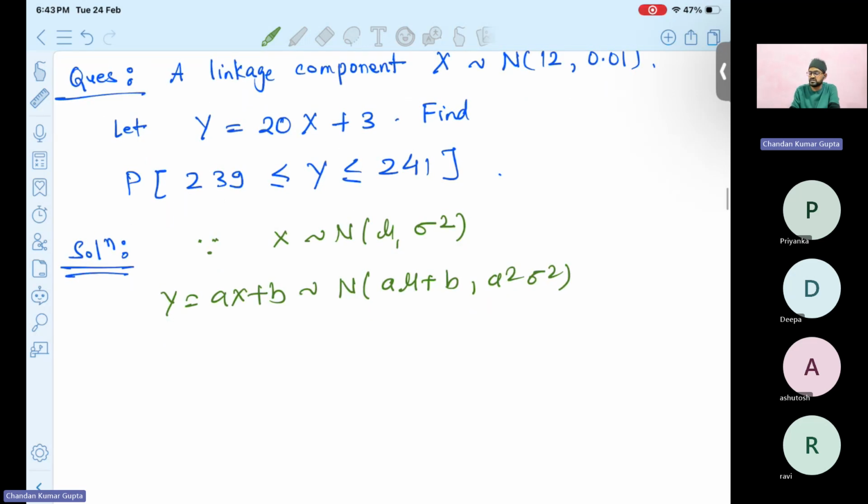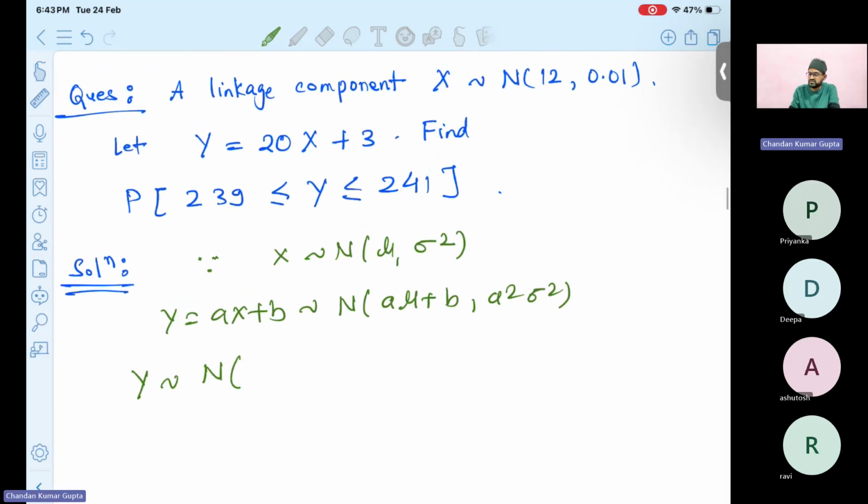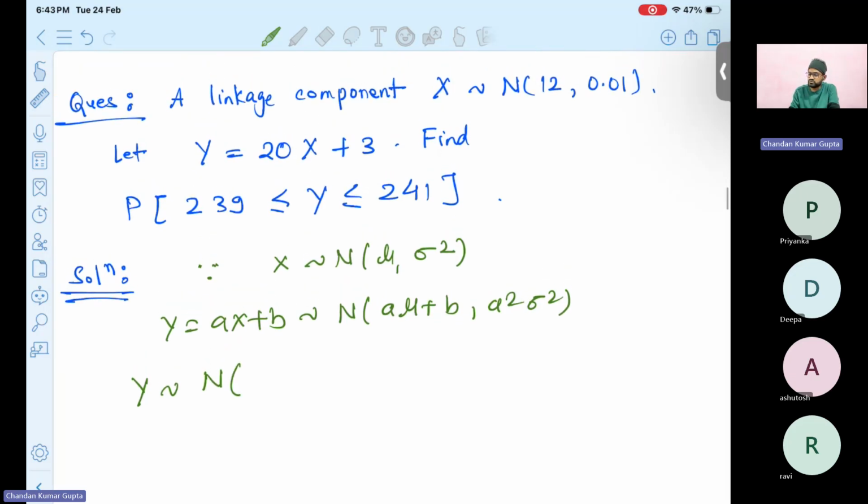Using this linearity property of the normal distribution, Y is normally distributed with mean 12 into 20 plus 3, and sigma square is 20 square into 0.01.